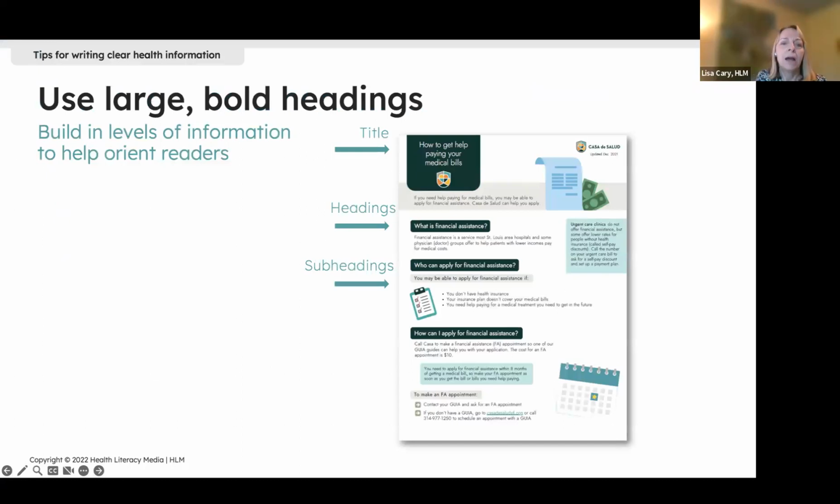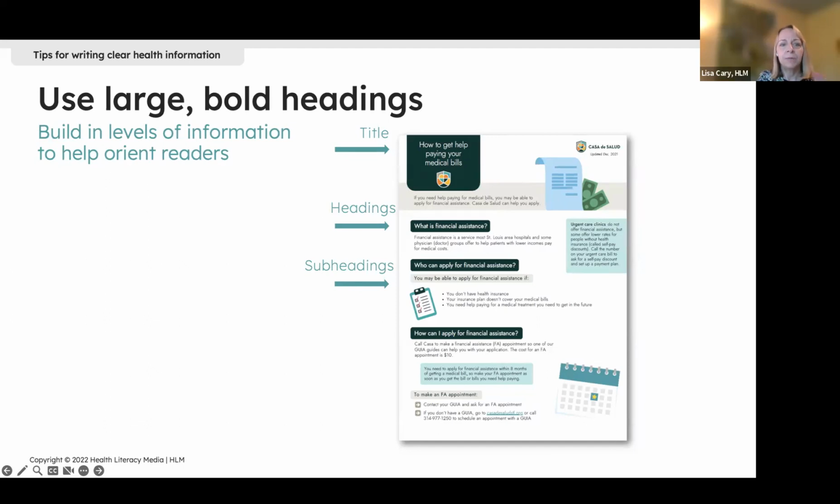Our second tip for organization or structure is to use large, bold headings. And this is really important because when people read information, they tend to want to scan through it. And these large, bold headings are kind of like your road signs on the journey through the material.